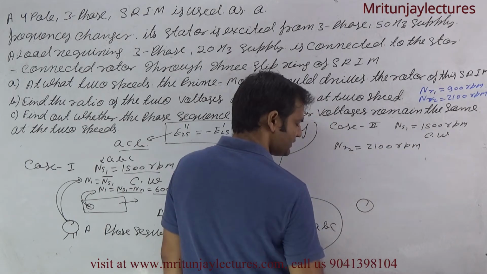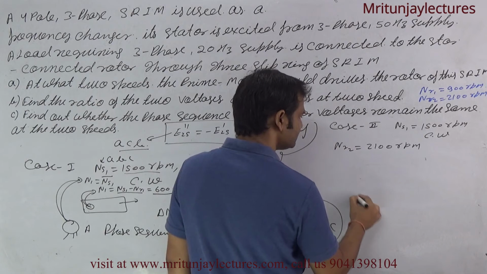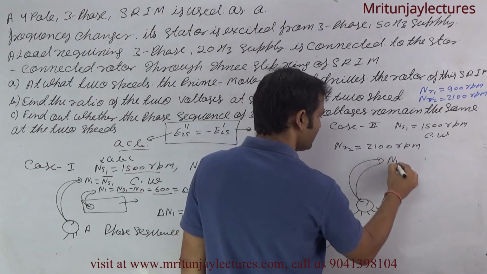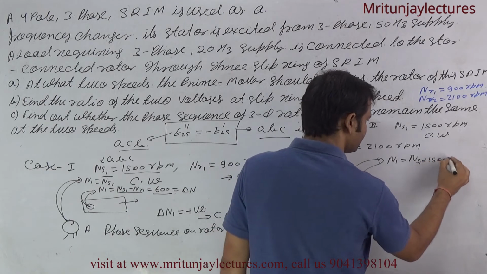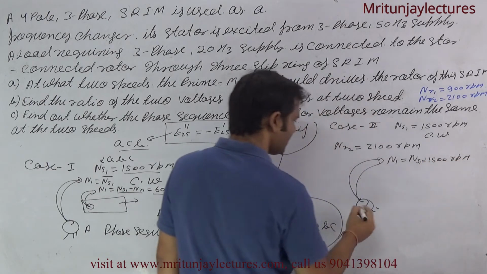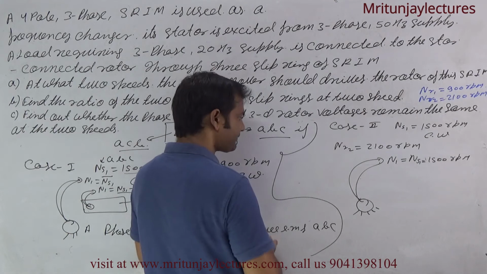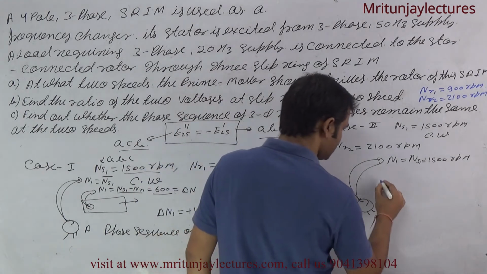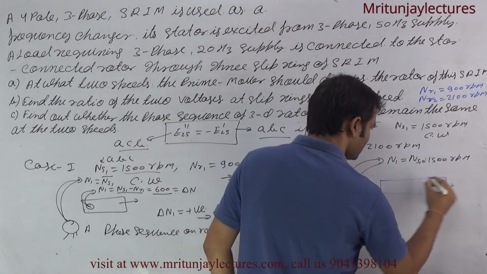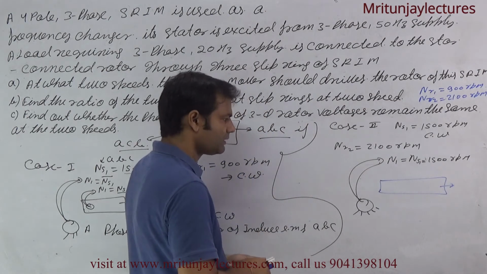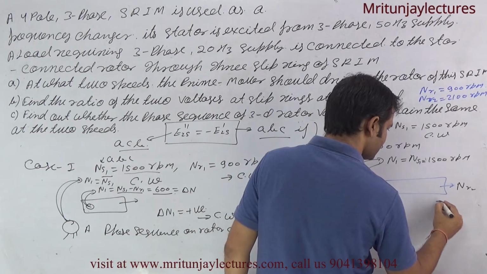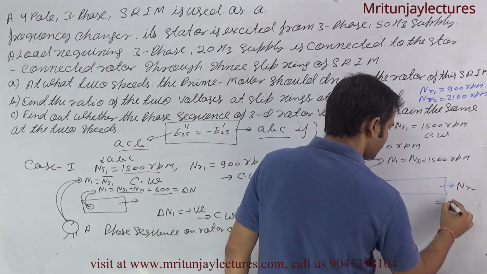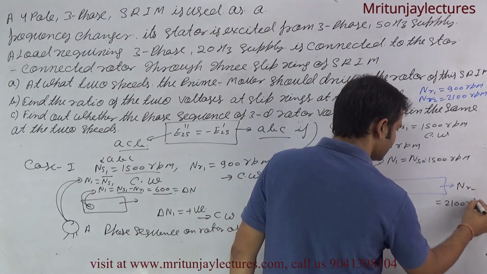Now sit on the stator winding: N1 is NS1, that is 1500 RPM. The rotor rotates in the direction of the stator field at a speed of 2100 RPM. Clear?